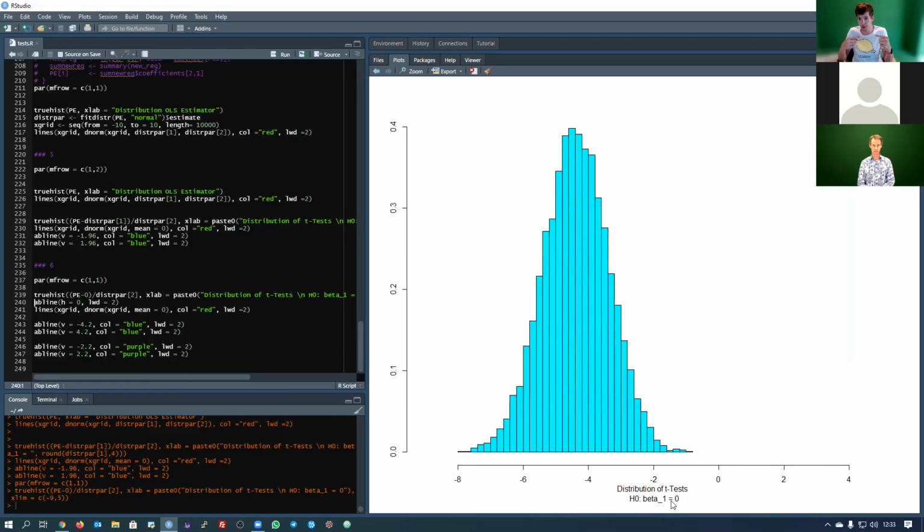We can state the hypothesis, and we can compute the t-statistics for this hypothesis. And again, we can do this over and over. And if we did that for the 10,000 regressions, we would end up with a distribution of t-statistics that looks like this. It ranges from minus 8 somewhere up to minus 0.9 or somewhere in the region.